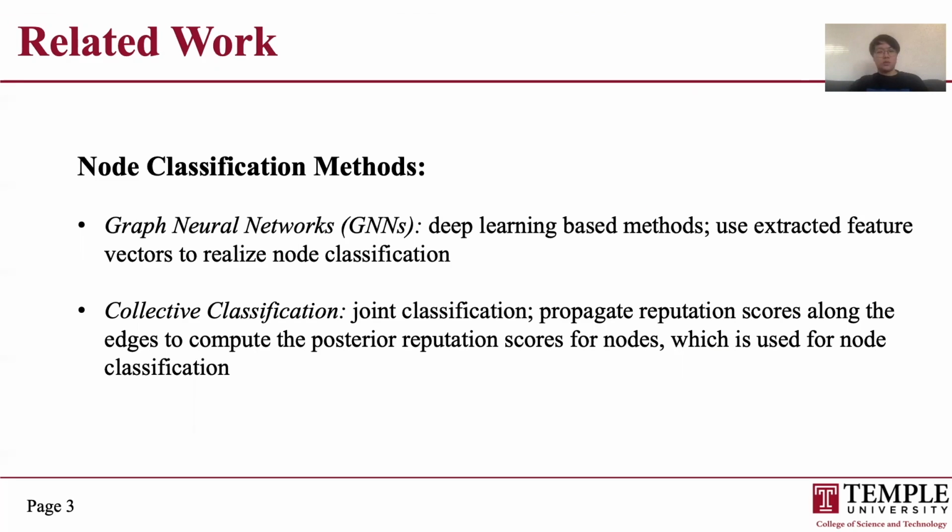Collective classification makes joint classification of connected nodes to address node classification tasks. It first defines the prior representation score for each node and then assigns weights to edges. After that, representation scores can propagate along the edges to finally get the posterior representation scores, and node classification is performed based on them.